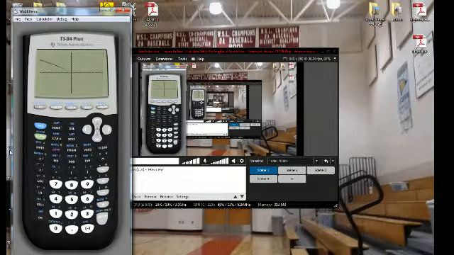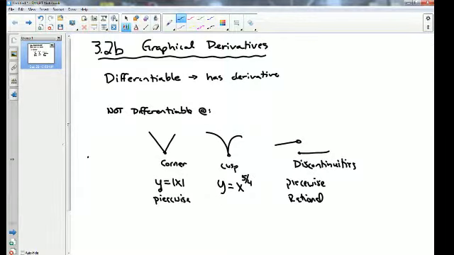There's the cusp. You can kind of see the curve there. So this will form a cusp. Those are the most common cusp-producing equations. If you think about it, it's x to the 4th, the 5th root, right?